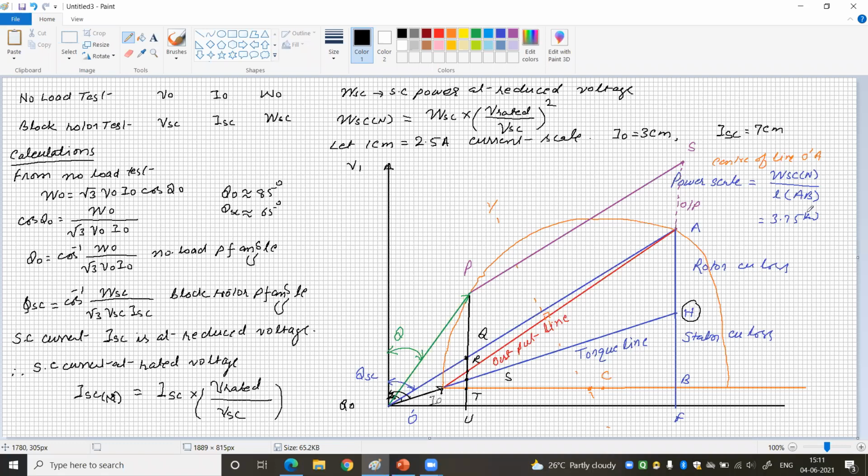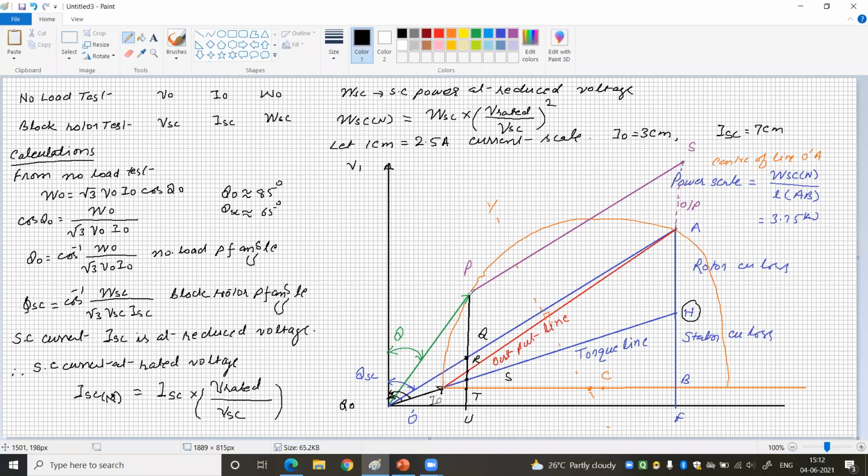Now the location of points S and P. If we know the output of the motor, it is converted into centimeters: the output power divided by the power scale gives the power in centimeters. Now extend the line AB as per the calculated centimeters, and draw a line parallel to the output line.